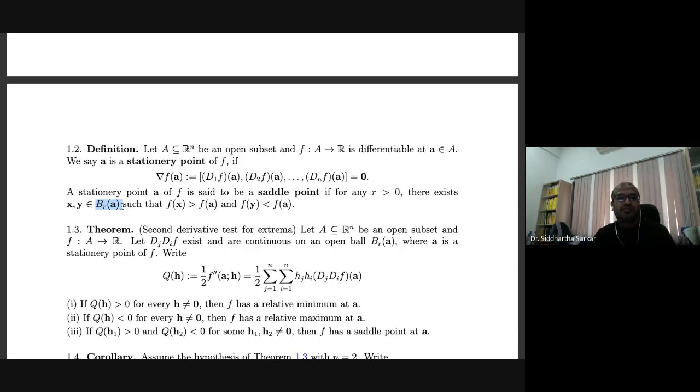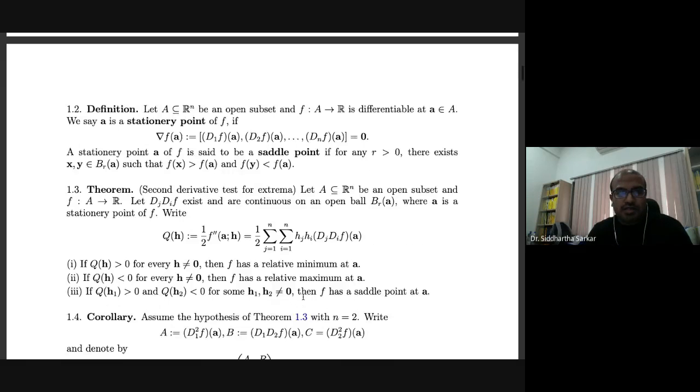Okay, so that is some small enough ball of radius r around a. I should be able to pick up two points where the value of f is bigger than the value of f at a, and smaller than the value of f at a. Okay, so in case this is a saddle point, I want to find out whether it's a saddle point or a maxima or a minima.